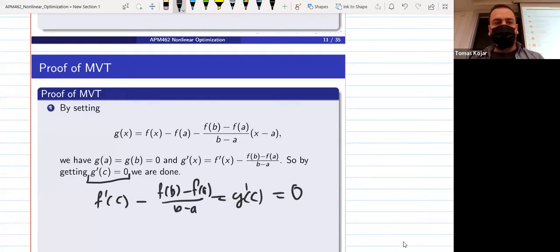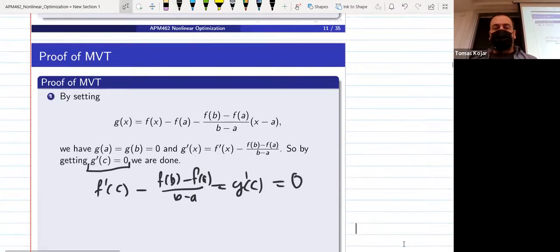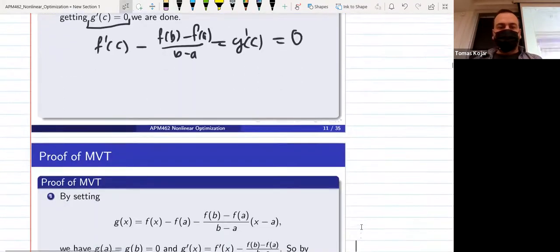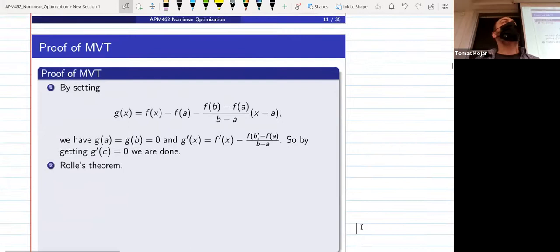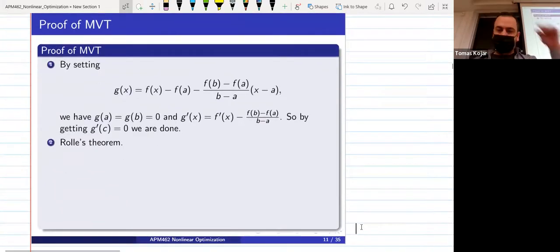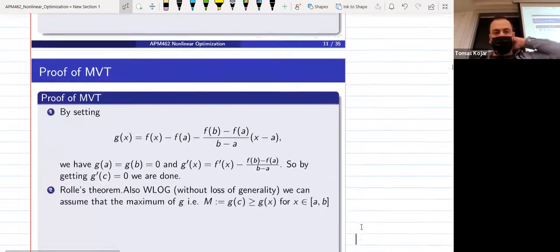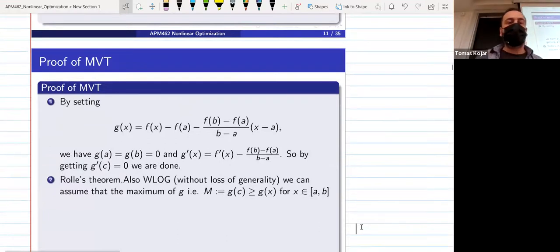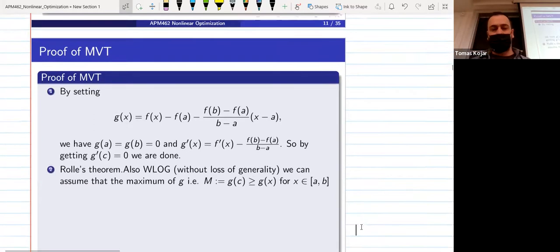If you have a question, Zoom, you can tell me. All right. So I'm basically reproving Rolle's theorem for you. Here's the trick. In Rolle's theorem, you can assume that your function attains a maximum inside (a, b).